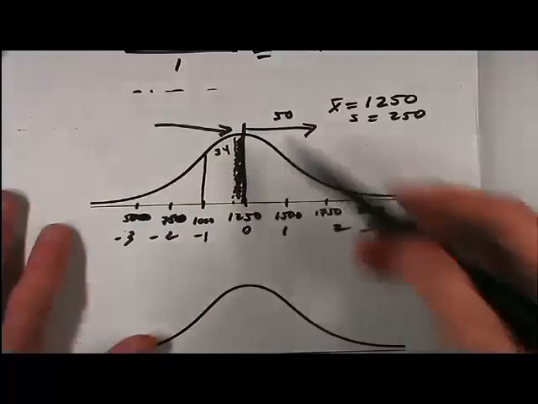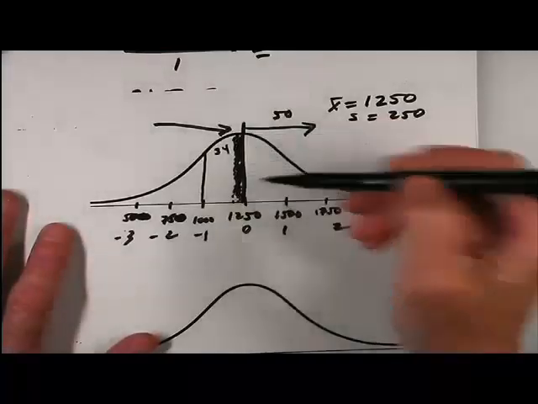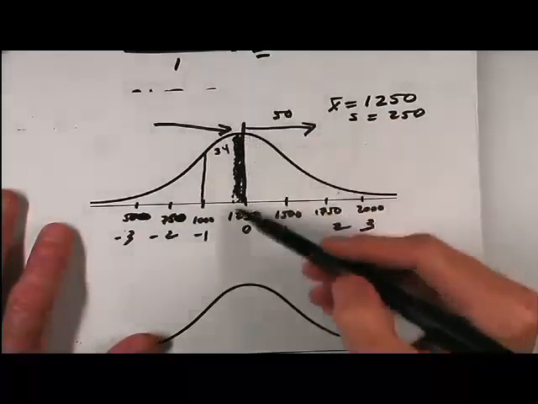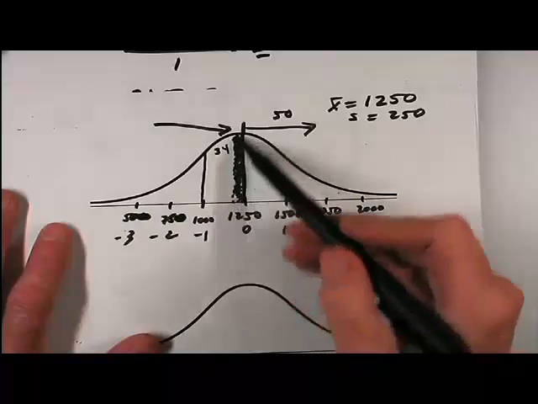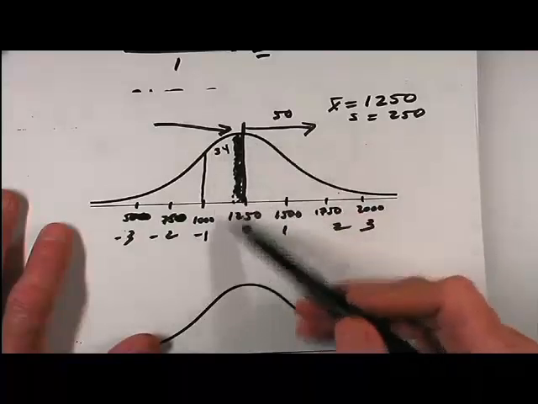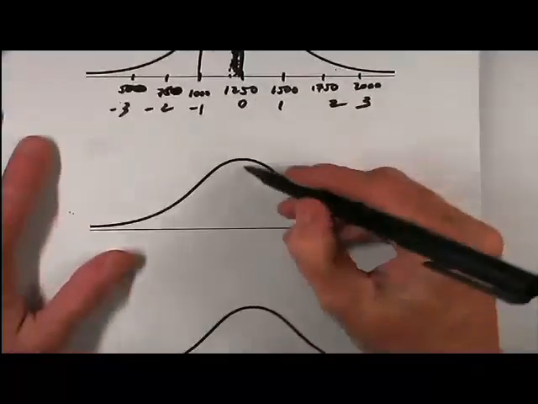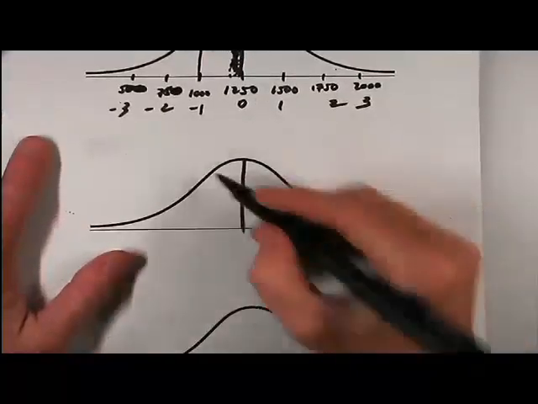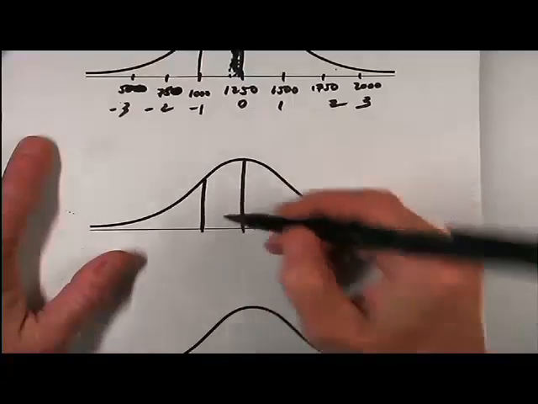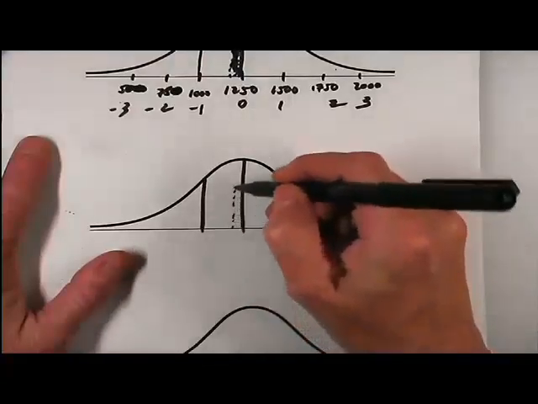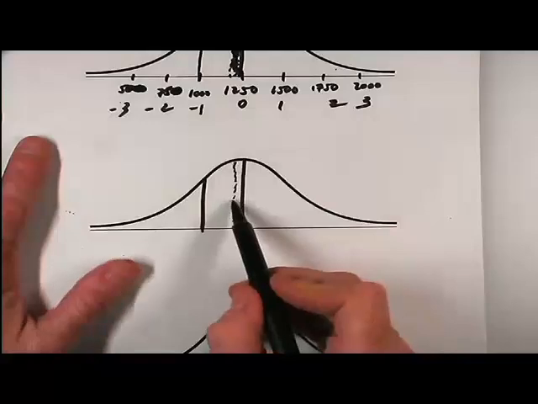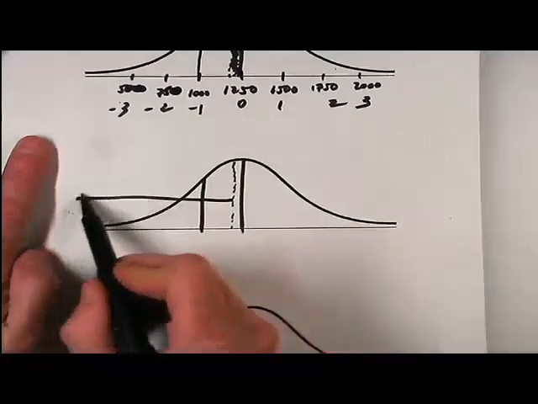Now, you can do this either way. The z is going to be the same no matter what. I can look here and say that I just really want the area between the mean and z, and that'll still tell me the minimum score, right? Or I can say, here's the actual percentile rank, so now I want to know what all of this is.